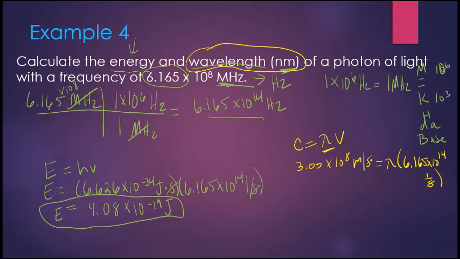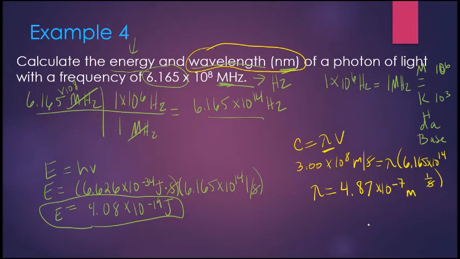In that case, that's going to flip when we divide, so they will cancel and we'll end up with meters. 3 times 10 to the 8th divided by 6.165 times 10 to the 14th. That's going to give me lambda equals 4.87 times 10 to the negative 7 meters.